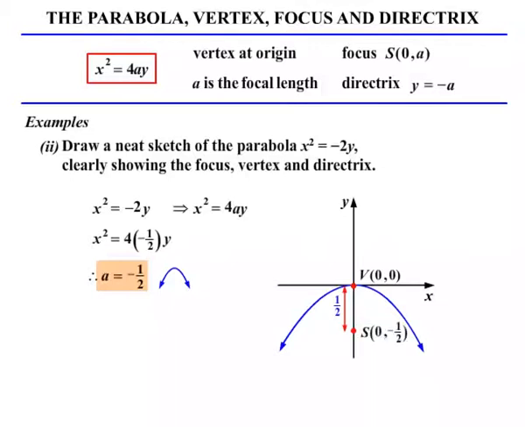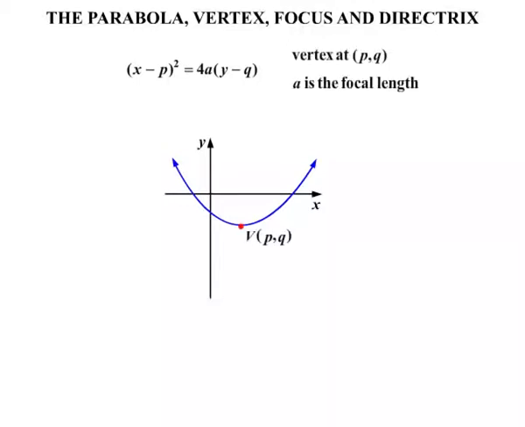The focus is always on the inside of the parabola. Just remember that. And if we go up 1/2, that line there will be y equals 1/2. So that's the directrix there. And as before, let's just write down the equation on the graph as well. Terrific.